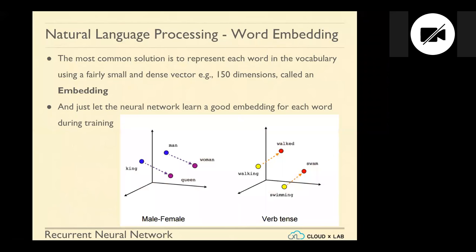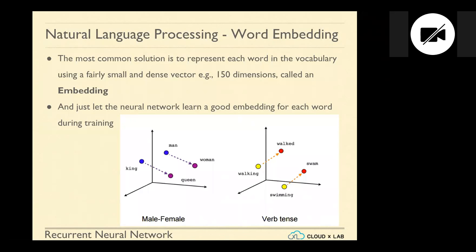The most common solution to represent each word in the vocabulary is using a fairly small and dense vector, say 150 or 200 dimensions, called an embedding.